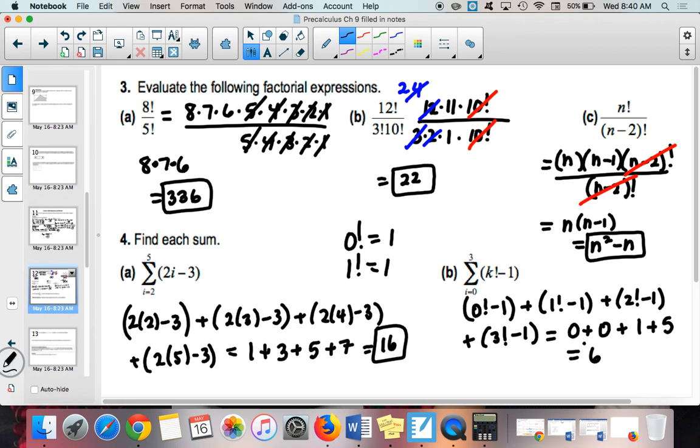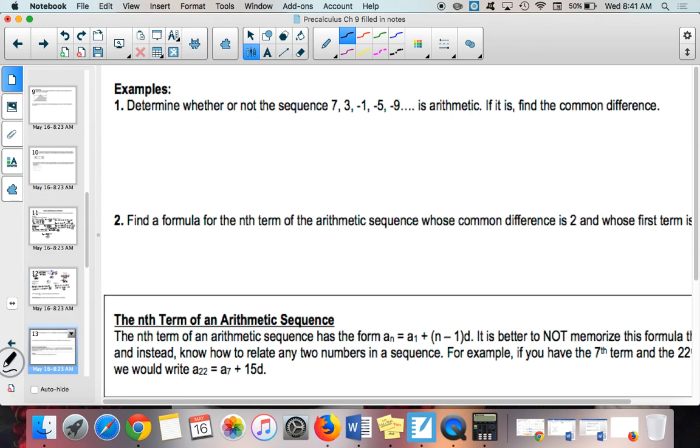So we end up getting a total of 6. Is it all coming back to you? Somewhat.